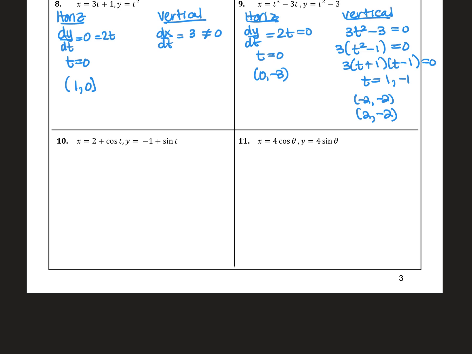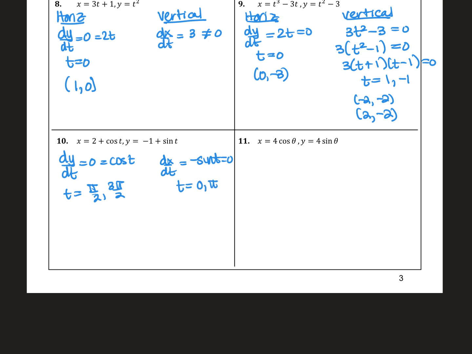Again, same thing. So dy/dt is going to be your horizontal tangent line, where that's equal to 0. So that's where cosine t is equal to 0, and that happens at t equals pi/2 and 3 pi/2. And dx/dt would be minus sine t is equal to 0, and that happens at t equals 0 and pi.